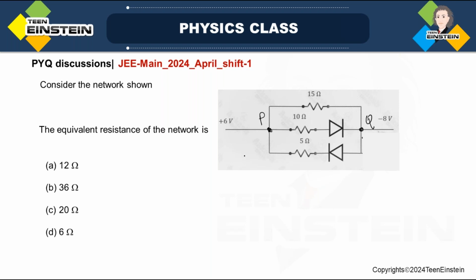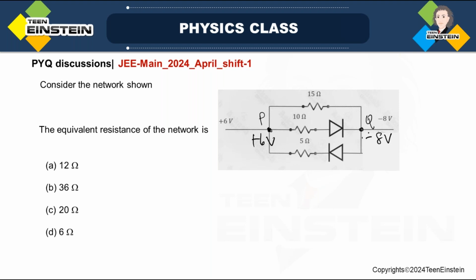The question is asking for the equivalent resistance of the network. To find that, we need to know through which branch the current flows. See, this point has positive 6 volt and this has negative 8 volt.